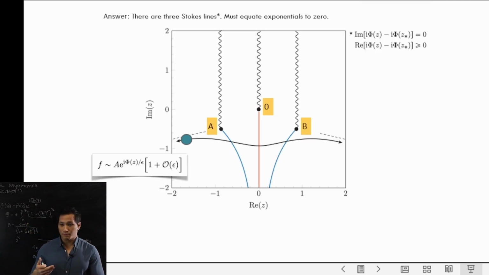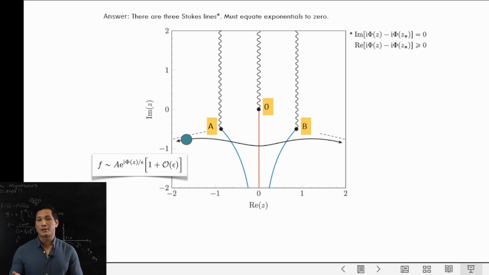So the point is that there are Stokes lines in this problem that need to be considered, right, for all values of p. So what you can do is figure out what the criterion for Stokes lines are, and you now have the tools for that. They essentially involve what you see on the top right there. So these are just conditions on the imaginary and the real parts of φ, and you have to figure out what those are.